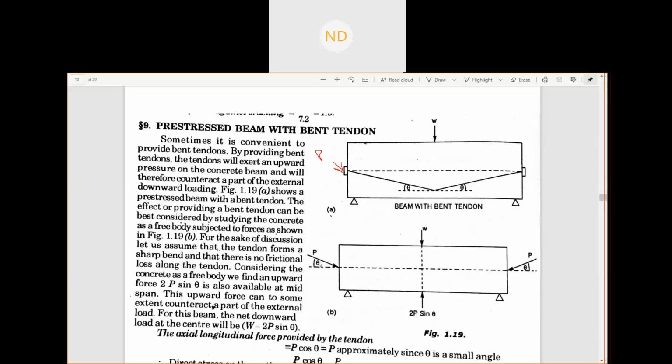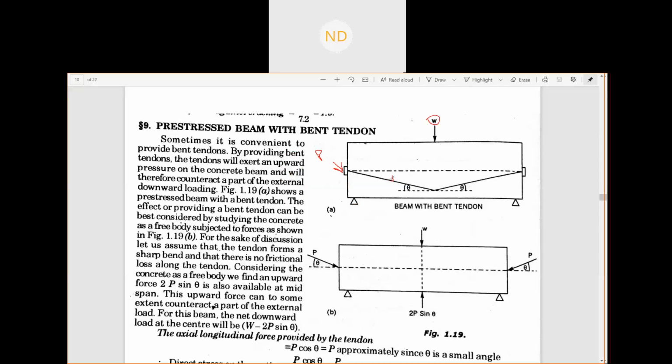When you have a bent tendon, this is your W, so the net load now acting will be the total load W minus 2P sine theta. For the beam, the net downward load is this much, and the axial longitudinal force provided by the tendon is actually P cos theta. The vertical components are P sine theta each, so that gives the 2P sine theta here. The horizontal component is P cos theta.